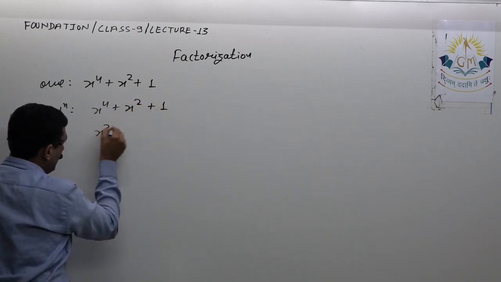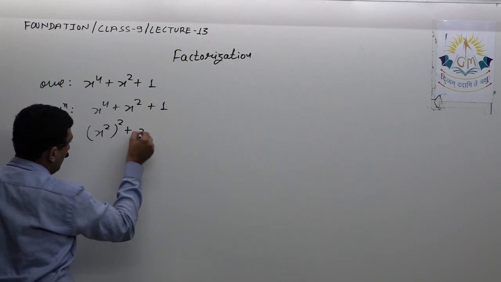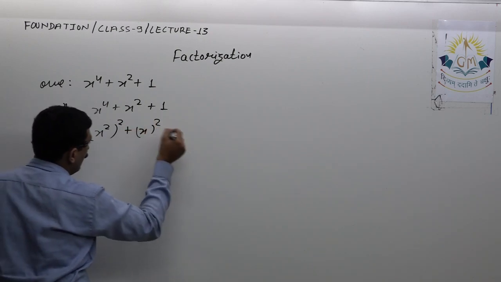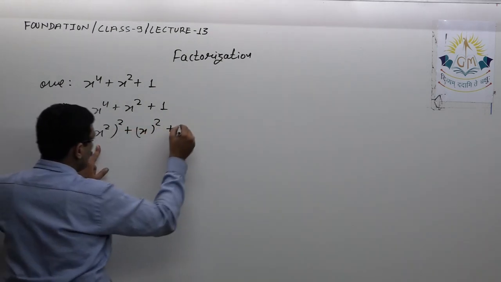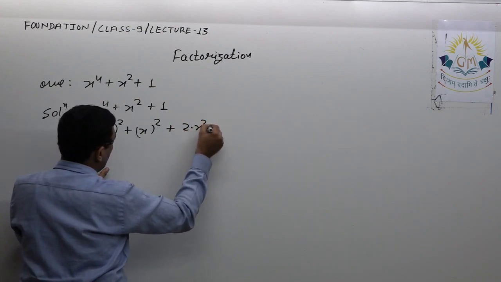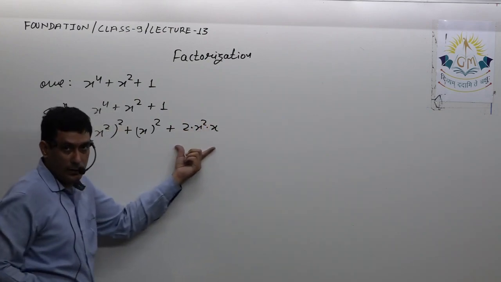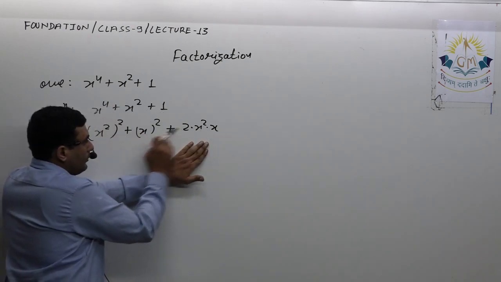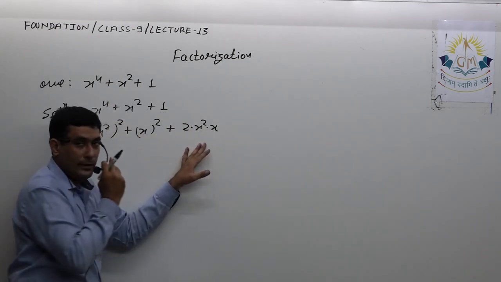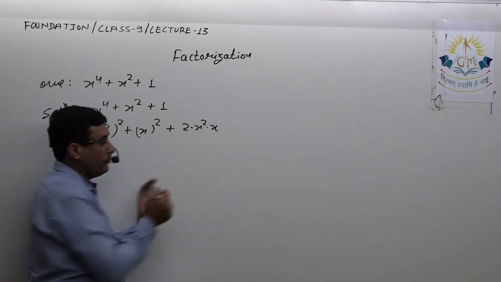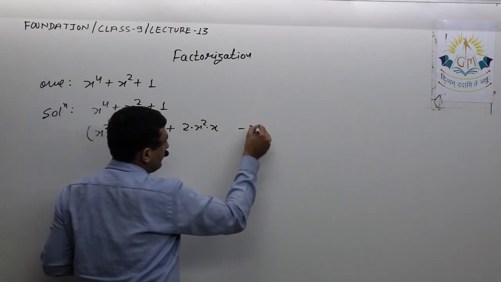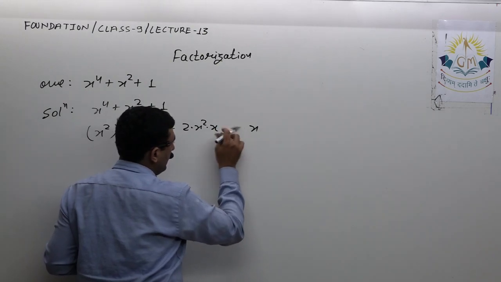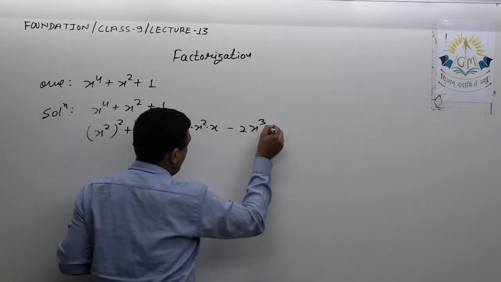Now if I say this is a square, this is b square, then the next term according to this should be 2 into a into b, isn't it? So if I take this as a square and this as b square, to make the identity complete I need 2ab, that is 2x cube. As I added this I have to subtract the same, so that the question remains the same.